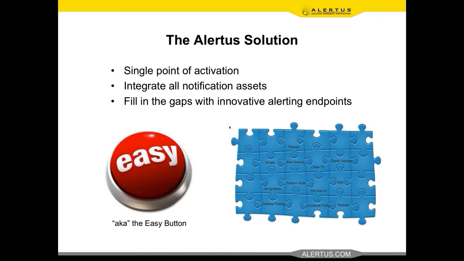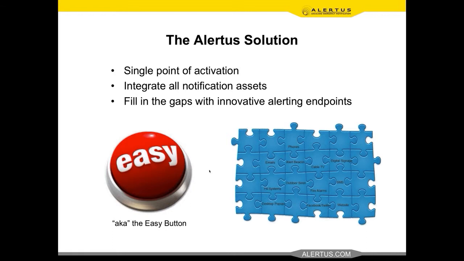That could be from the Alertus interface, it could be from Alertus Mobile, or if you've got a service in place for text and email, like Everbridge, Rave, SendWordNow, E2 Campus, all the usual suspects, those are partners of ours that allow you to activate Alertus using your existing process, your existing interfaces that everybody's trained on. So really, the flexibility there to provide that single point of activation speeds your activation. Integrate all notification assets, bring all these things together. Some of these technologies Alertus doesn't provide, but we've got hooks into them to allow you to activate them very efficiently from our user interface.